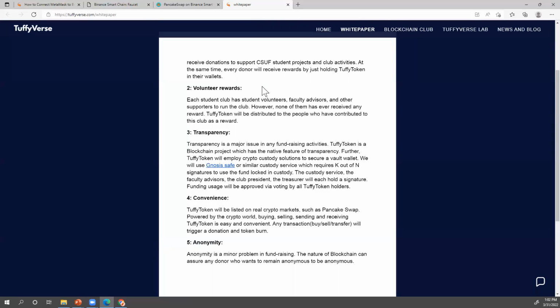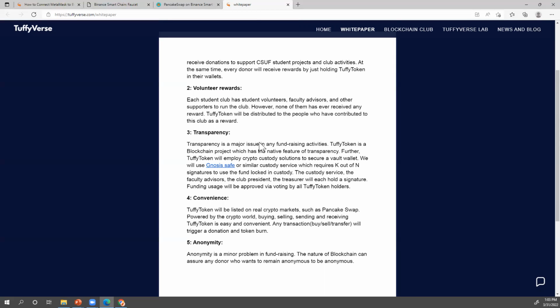Taffy Token will reward small amounts of donation, and also volunteers. Volunteers usually just give their time and effort to do the work and do not receive anything as a reward. But in the Taffy Token ecosystem, in the club ecosystem, we also use Taffy Token to reward volunteers' work. Faculty advisors, student volunteers, and other supporters who are willing to spend their time and effort to run the club will receive Taffy Token as a reward.